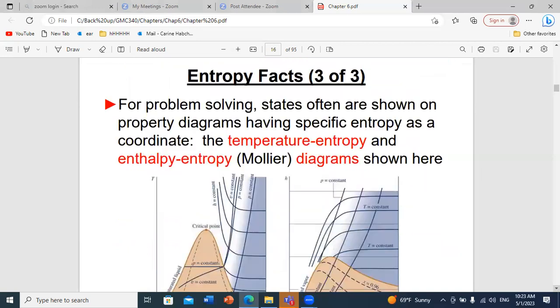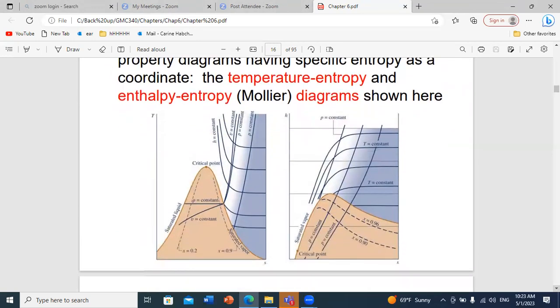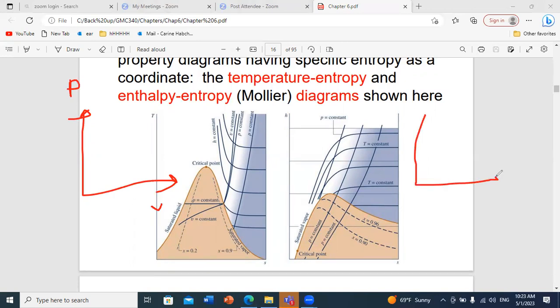Now, concerning graphs, if you remember, in the majority of cases before, we drew P as a function of V. In this chapter, we'll start to draw also T as a function of S, because we'll see that T as a function of S will be helpful in solving our problems.